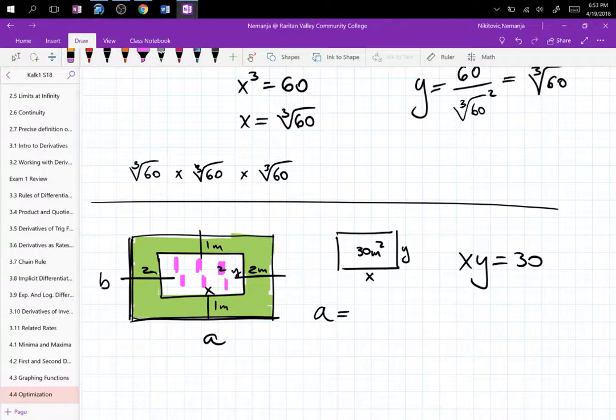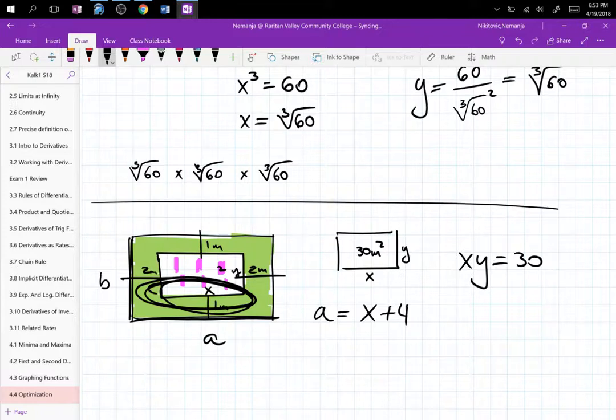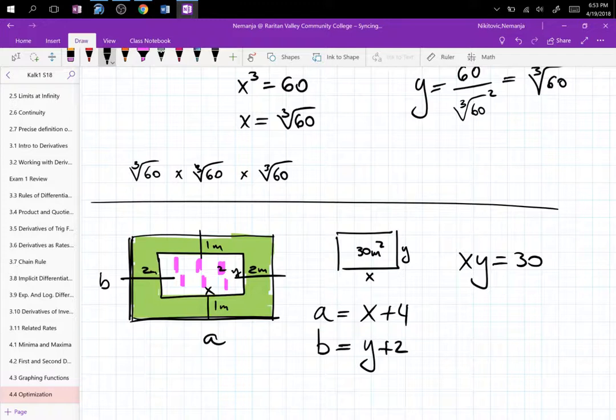What's the length across for A? x plus 4. Great. We have the unknown length in here, plus 2 on each side, so it's plus 4. And what's B? y plus 2. Very good.